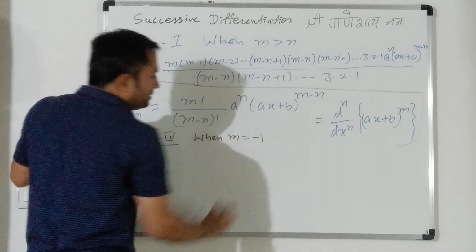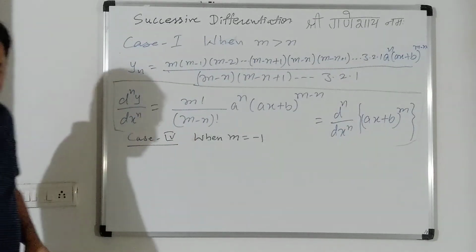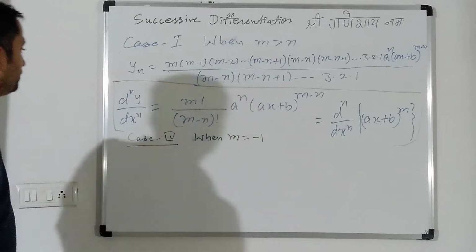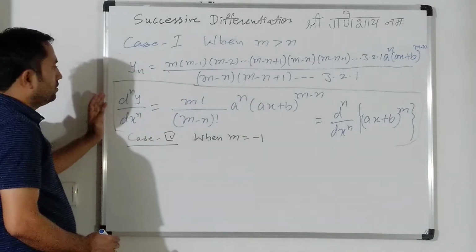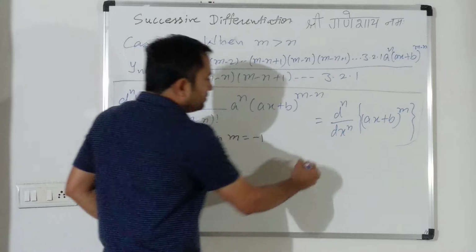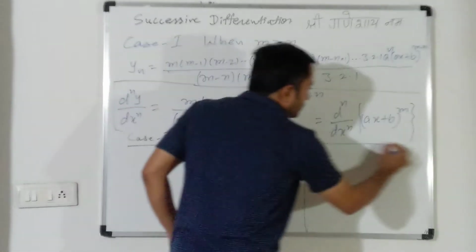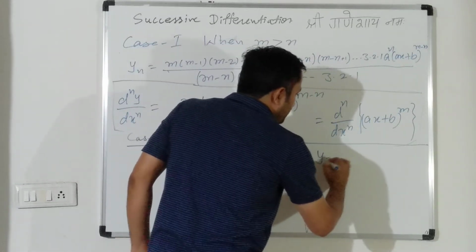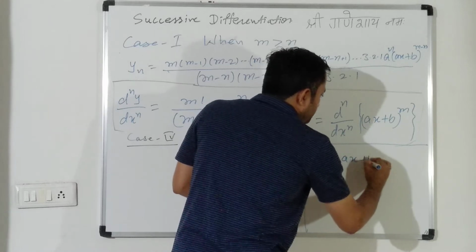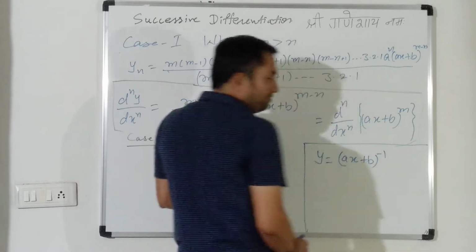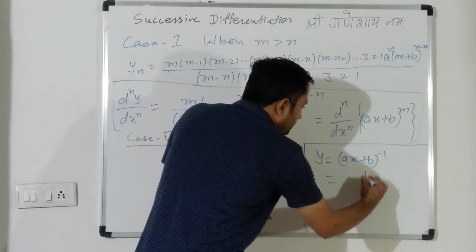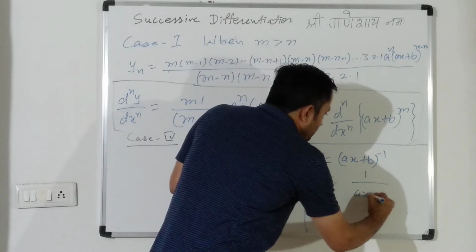In this case, your function y will be ax plus b to the power minus 1, or it is 1 upon ax plus b.